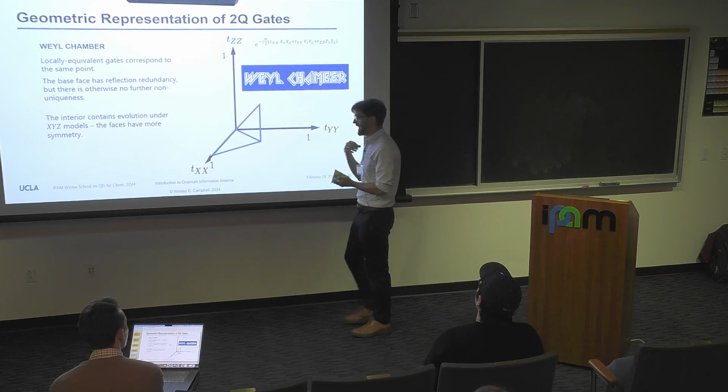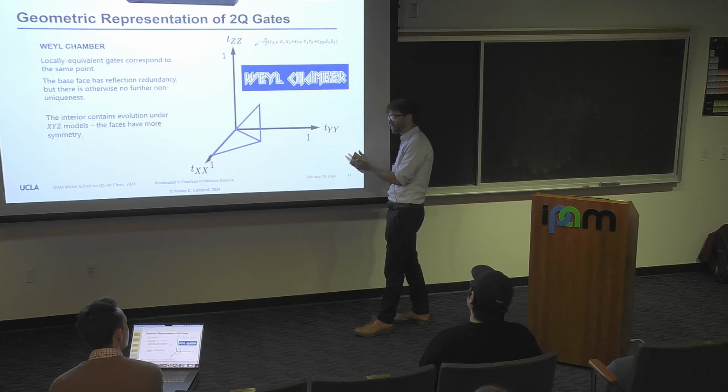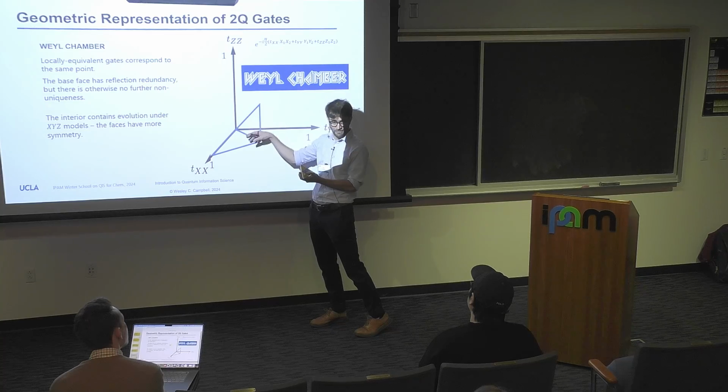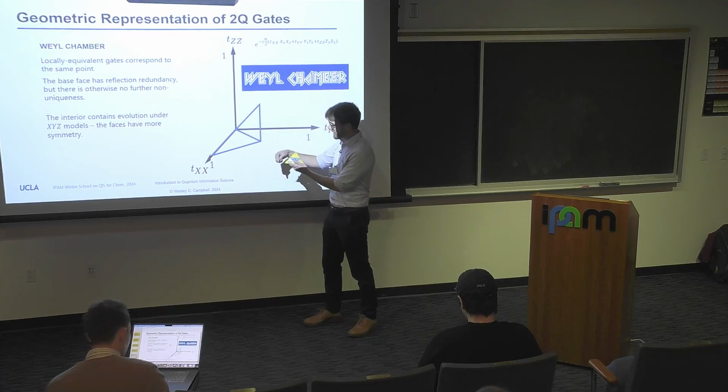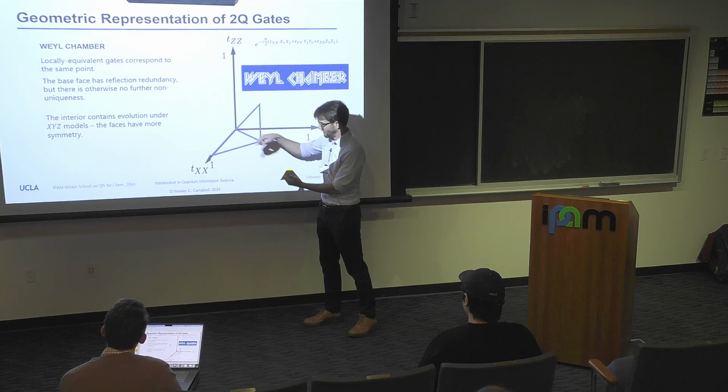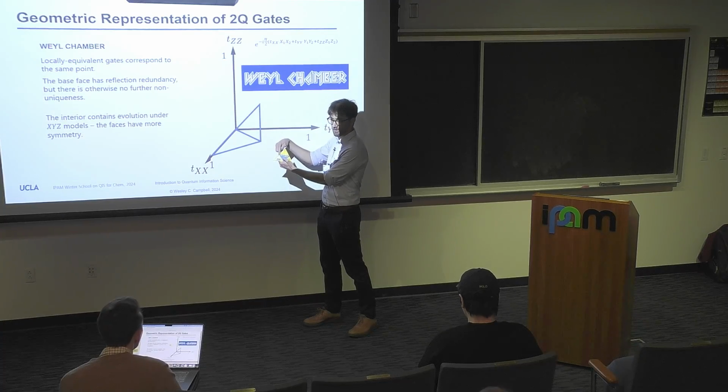If the actual Hamiltonian you're dealing with has local and non-local terms in it, then your trajectory on this thing can be something kind of squirrely. The ridge here, I label Heisenberg ridge. That's the Heisenberg model, on the back edge there, coming up here. So if you apply the Heisenberg model for T, 2T, 3T, 4T, 5T, as you go on and on, you'll get up here to this apex.